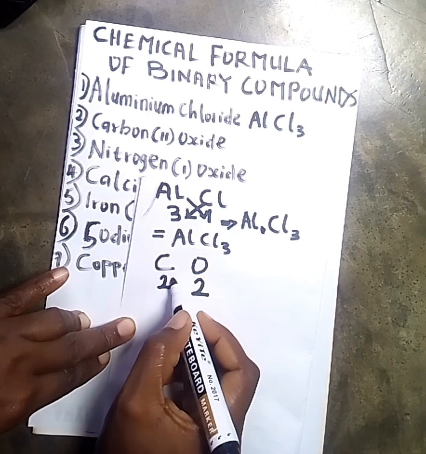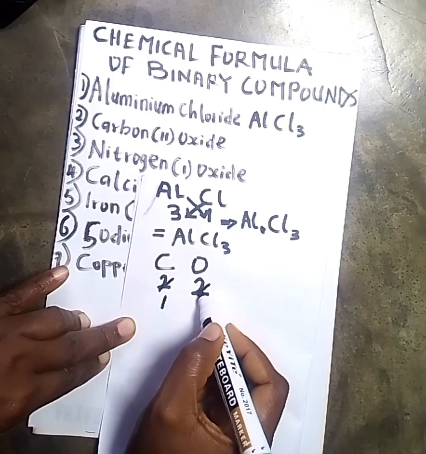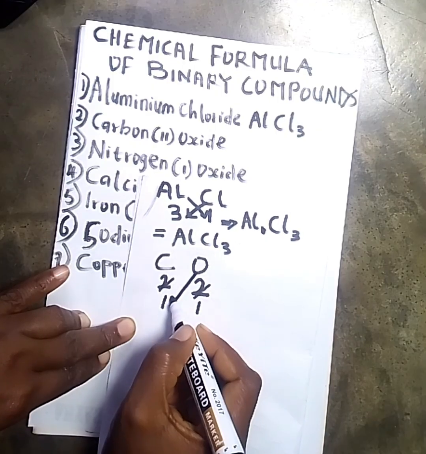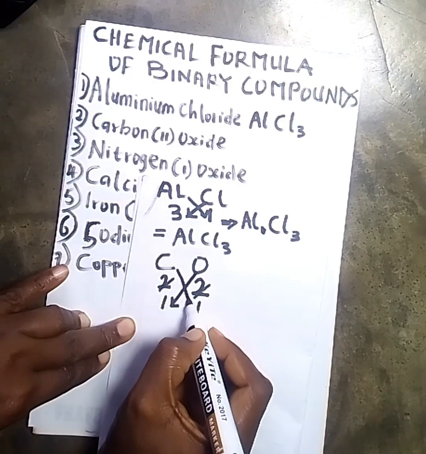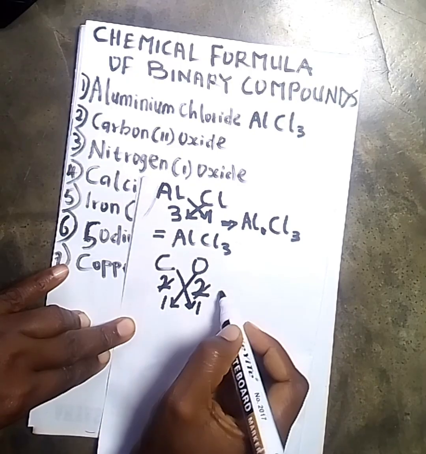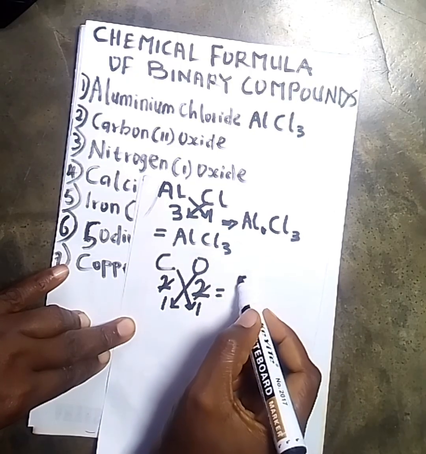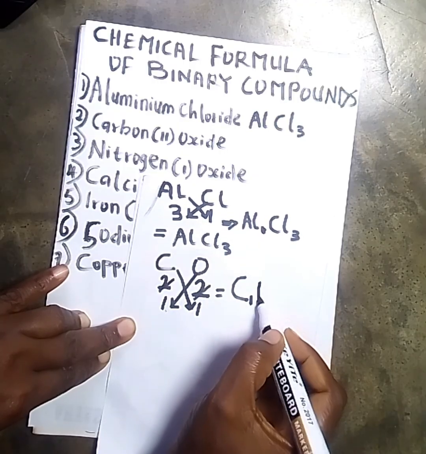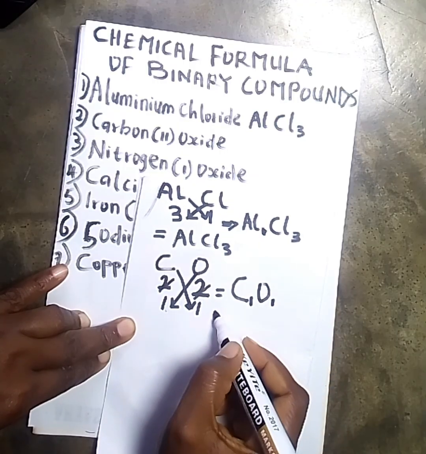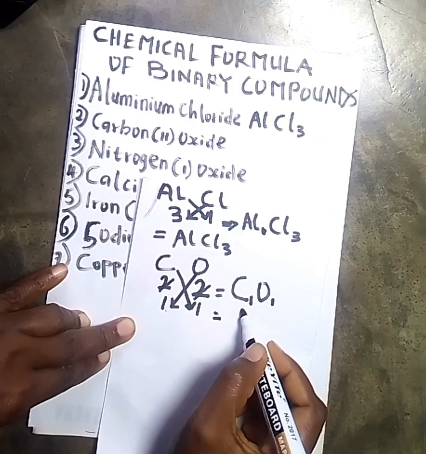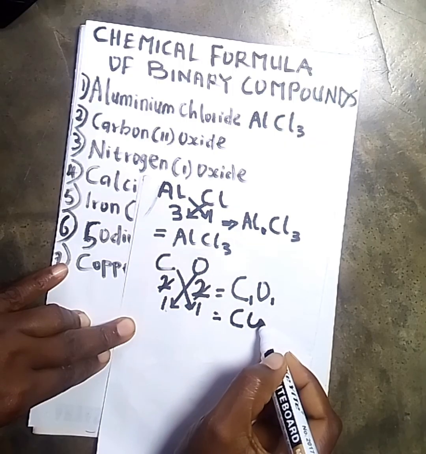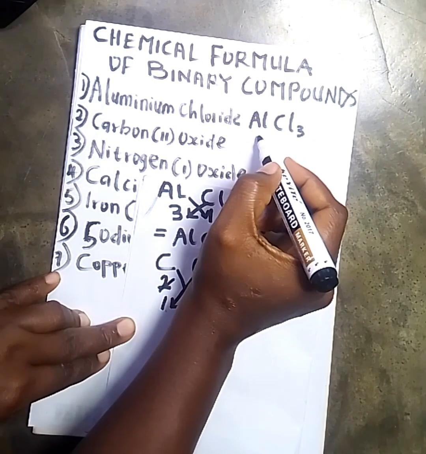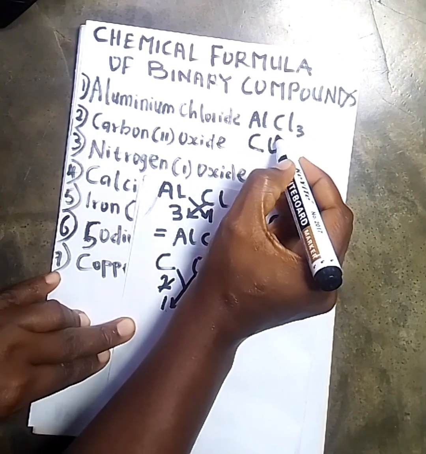Yes. 2 divided by 2 is 1, and 2 divided by 2 is 1, okay? So there is exchange of valency, so that we have here C1 and O1. So the chemical formula of carbon 2 oxide is CO. I hope you are following what we are doing here. Good. So this is CO.